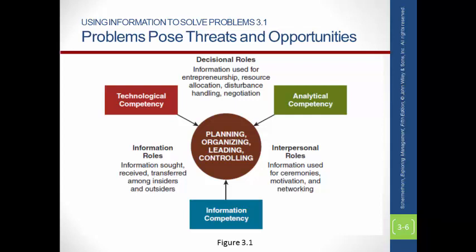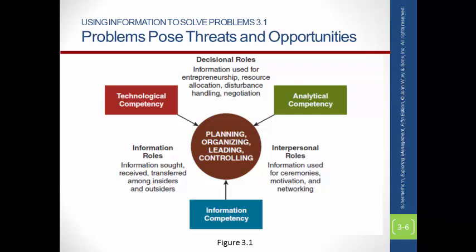Planning, organizing, leading, and controlling are the 4 functions of management that this course is focused on. Now we see those 3 competencies, which all relate to these functions: decisional roles, interpersonal roles, and information roles. So in decisional roles, you need to use information.